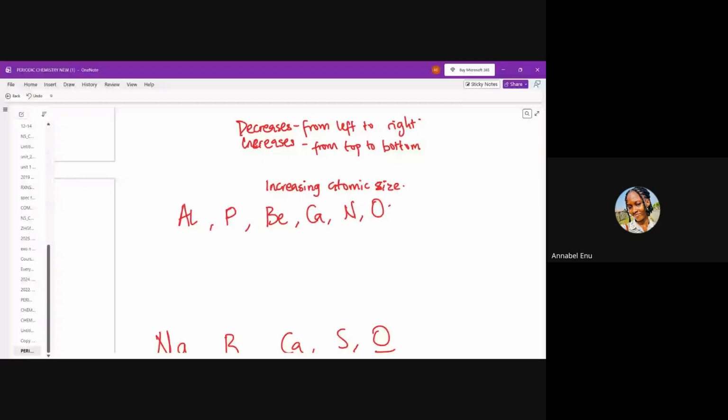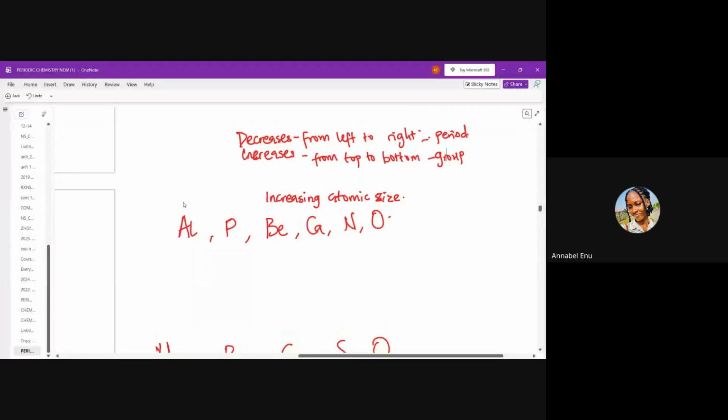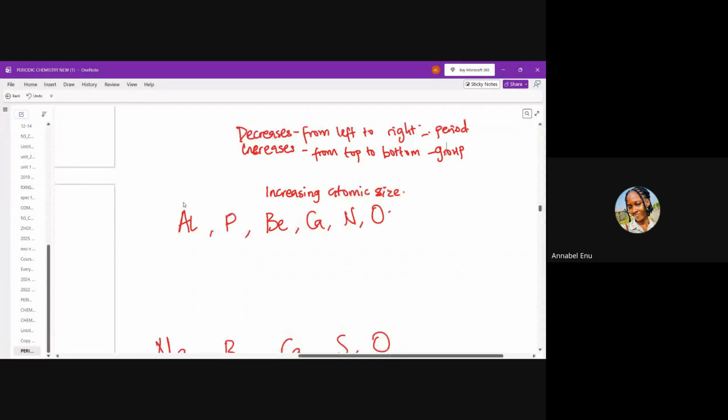That is, increases down a group and decreases left to right in a period. Okay, so who can give us this one? Arrange it in increasing atomic size. You should have a periodic table. Let me just draw a quick periodic table for you here.